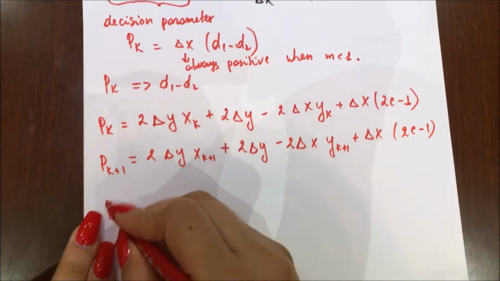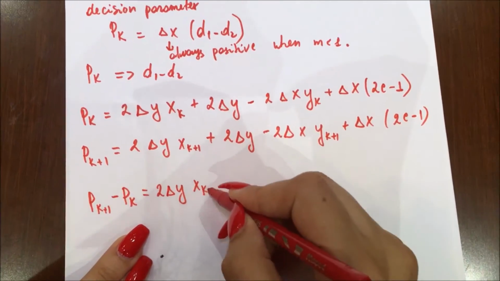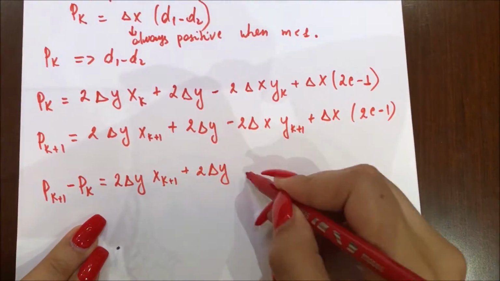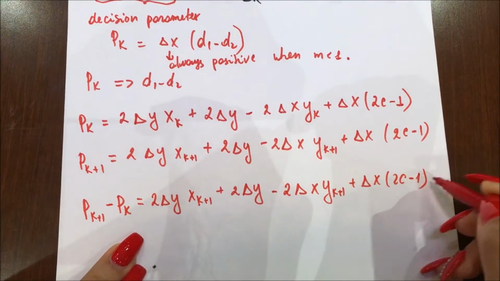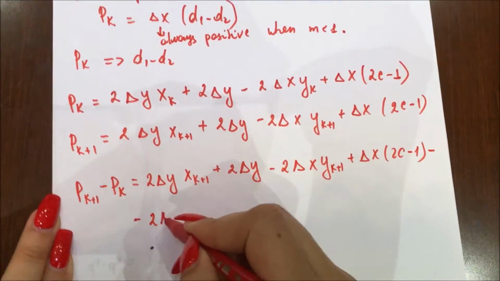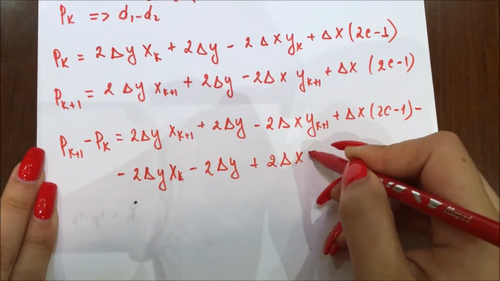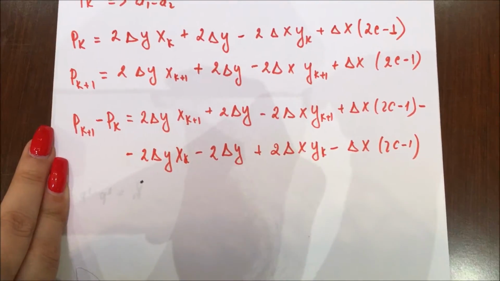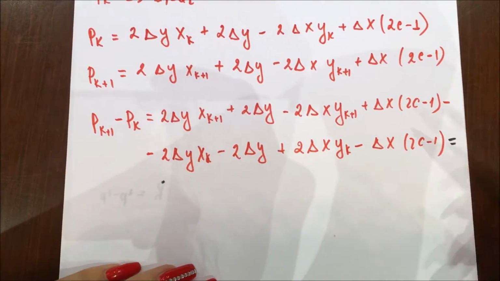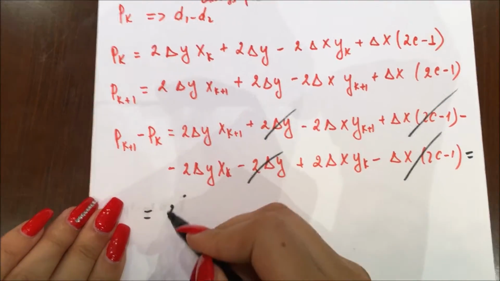After this operation, let's find the difference between pk plus 1 and pk. So we will get 2 delta y xk plus 1 plus 2 delta y minus 2 delta x yk plus 1 plus delta x (2c minus 1) minus 2 delta y xk minus 2 delta y plus 2 delta x yk minus delta x (2c minus 1). Let's remove these terms.